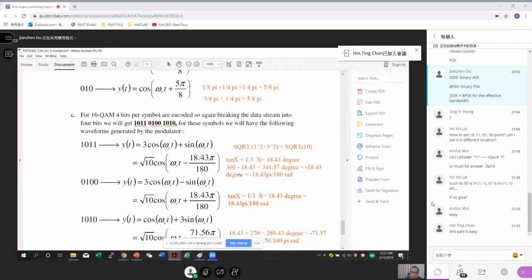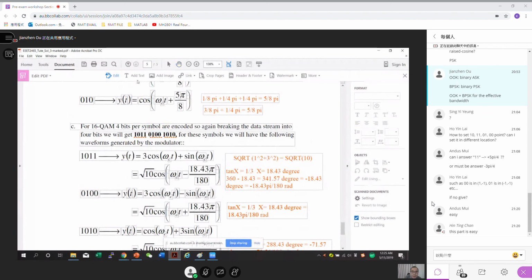But this is in degrees, right? So you have to convert it back to radians. So the radian is minus 18.43 divided by 180 times pi. And that's it. So this is how this one comes from.